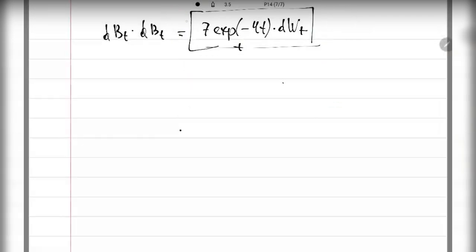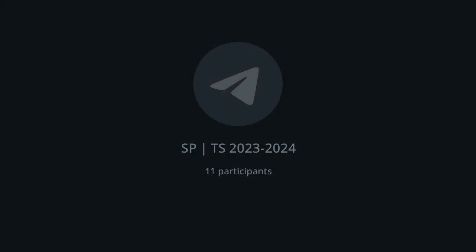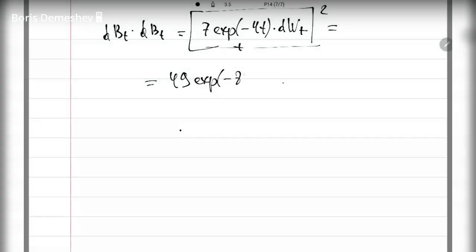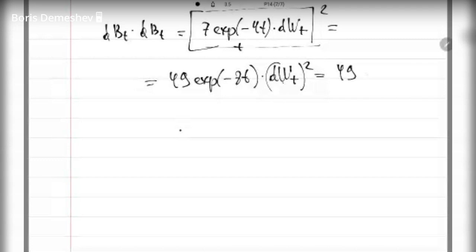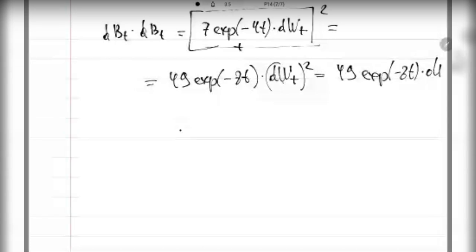If we square this value, we will get 49 exponent minus 8t times dwt squared, and it will be 49 exponent minus 8t times dt. Almost right. You have a factor before dt.